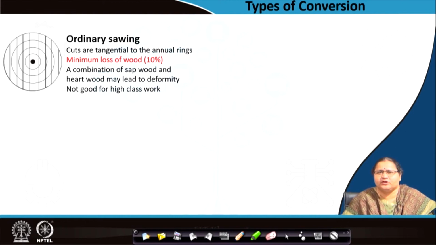So, you need to convert it to sizes appropriate to your use. So, you have to take out the ready wood from this so that it is marketable. This point of conversion was discussed when we discussed the points.